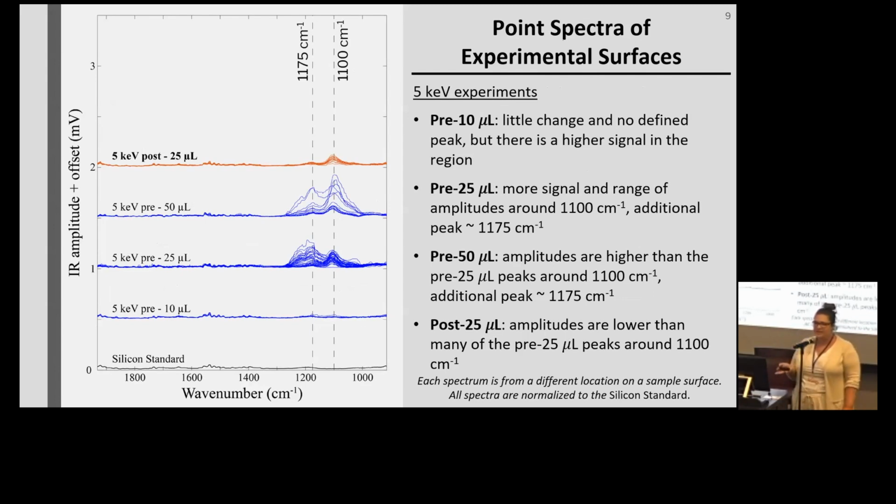The main thing to take away is that as we increased the amount of water, we seem to get a higher silicon oxygen bond peak at this 1100 wave number. And when we look at the post 25 microliter sample, we do get a signal, which is great, but it is less of a signal compared to its pre-counterpart.